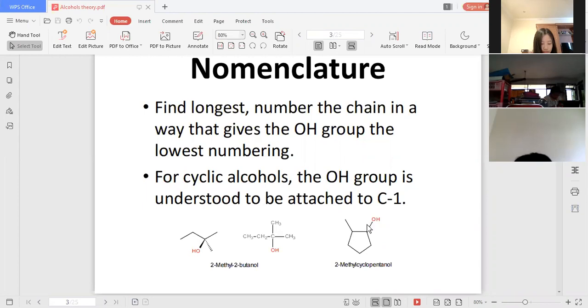The number 1 carbon in a cyclo is located where the functional group is attached. The OH is attached here. So the carbon atom number 1 is this one, and this one is number 2. This is for the nomenclature.